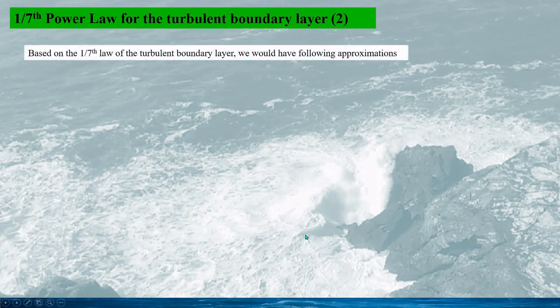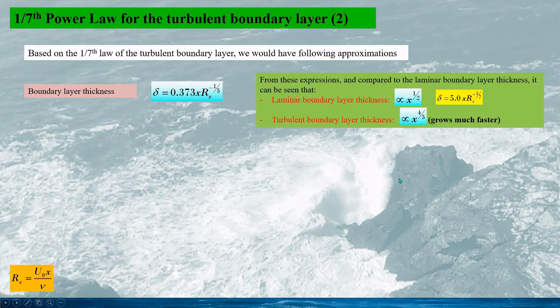Based on the 1/7 power law of the turbulent boundary layer, we can have the following approximations. The turbulent boundary layer thickness is given by delta equals 0.373 x Rx to the power of minus 1/5. Here, the Reynolds number Rx is given by this. From this expression, we can compare the boundary layer thickness to the laminar boundary layer thickness.